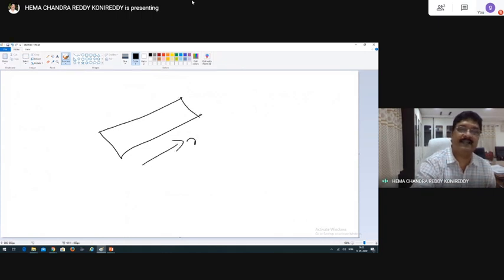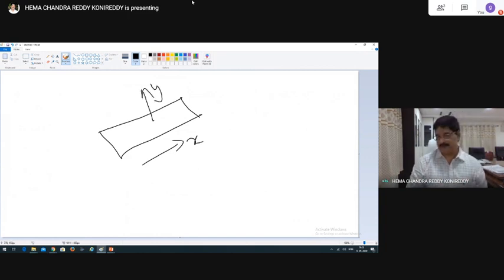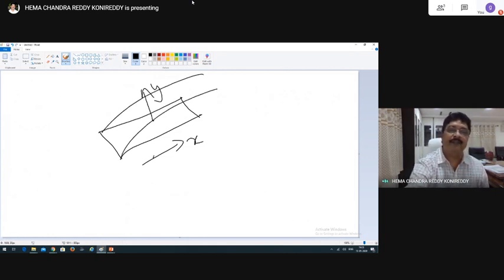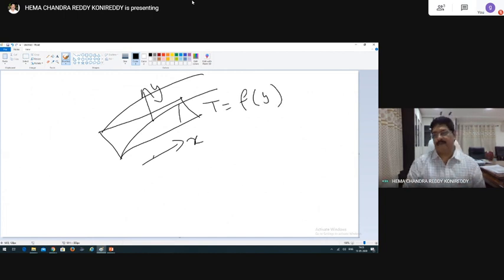When this is the x direction, y of course is perpendicular to the plate. Now there is a boundary layer on top of it. Within the boundary layer, along the y direction, temperature is given as a function of y.